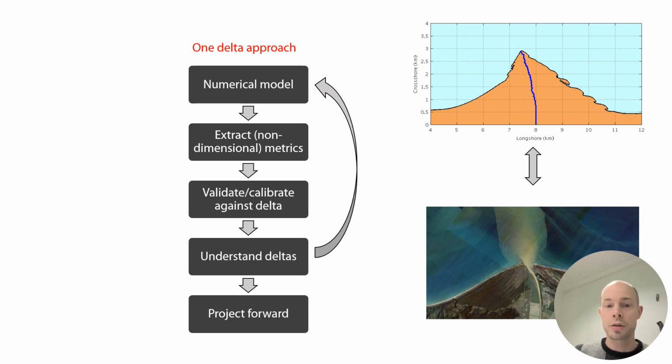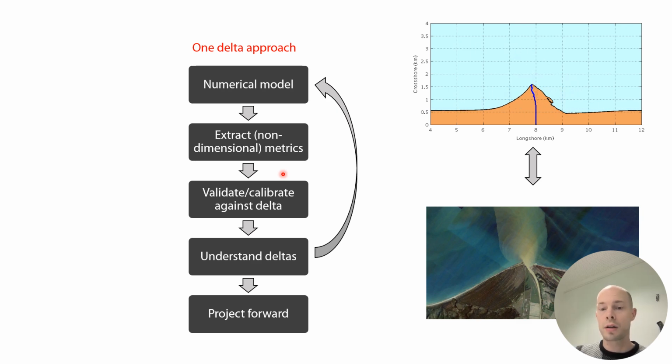From that model, you need to extract, let me use my pointer, some metrics that you will use to compare this to real world deltas. Then, with those metrics, you can start validating, but also importantly, calibrating your model and some of your model parameters.